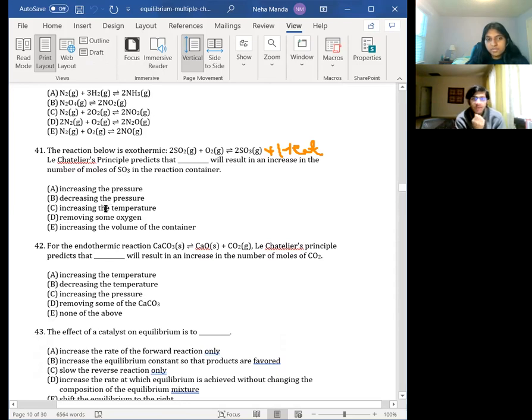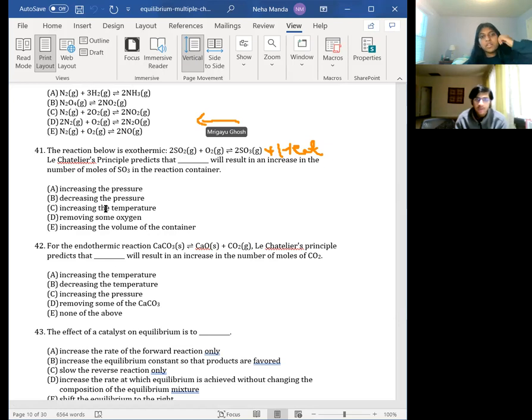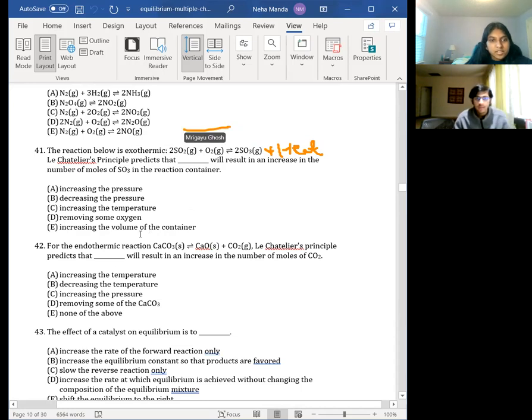We want to increase the number of moles. If we increase the number of moles, we want to go to the left. So we want something that will push it to the left. Increasing the temperature will push it to the left. No, it's SO3. Huh? SO3. Increase the number of, oh, I'm sorry. Okay. Then I think it would be E.